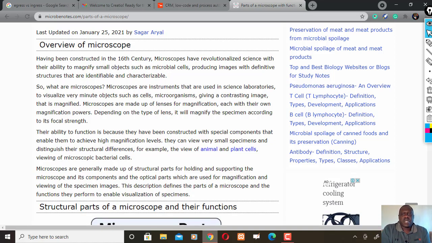So microscopes are generally made up of structural parts for holding and supporting the microscope and its components, and the optical parts which are used for magnification and viewing of the specimen image.